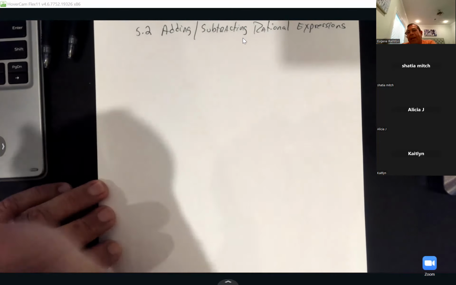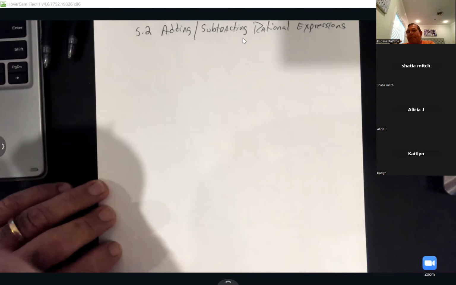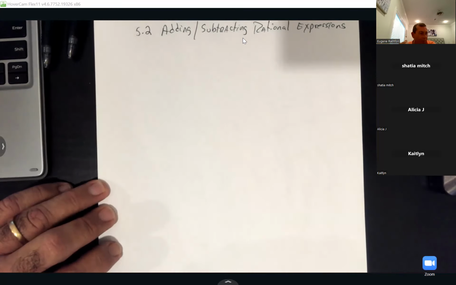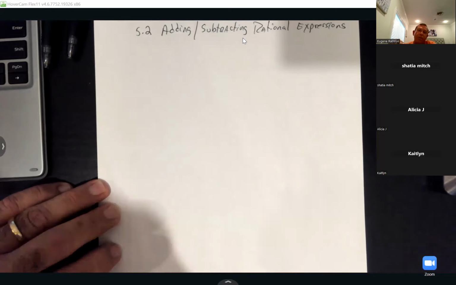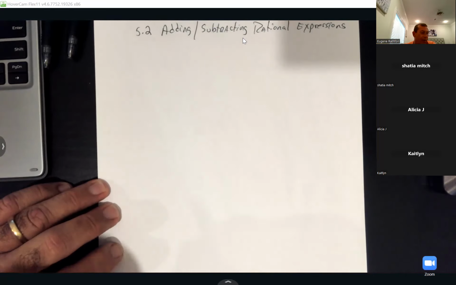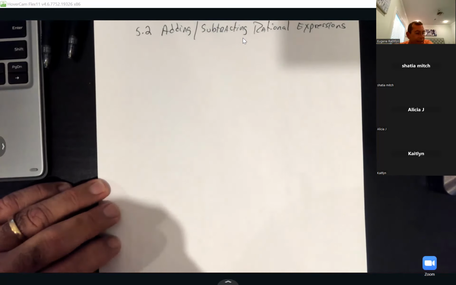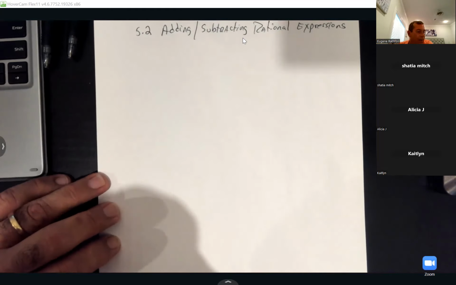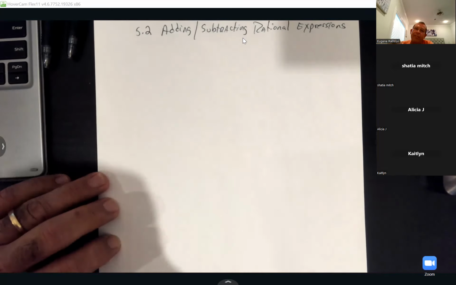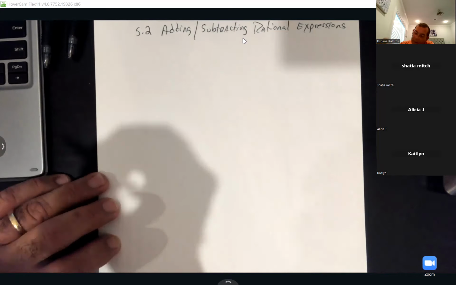So remember, when you're adding and subtracting fractions, they gotta have a common denominator on the bottom. So our first few examples are going to be figuring out how to find a least common multiple, they call it, or least common denominator.